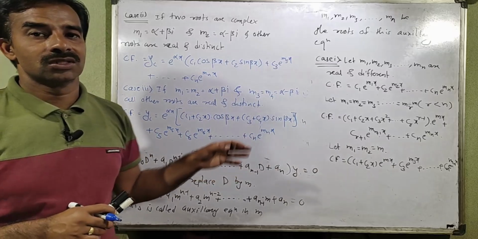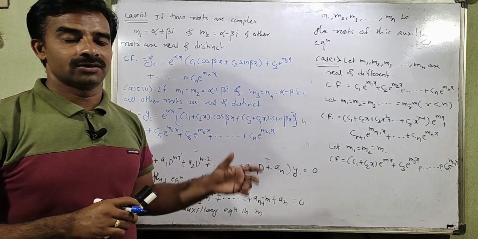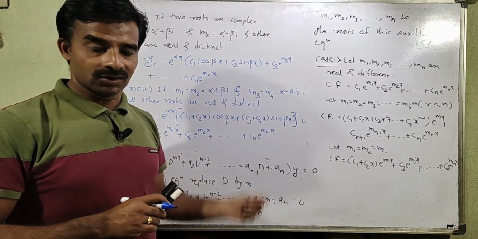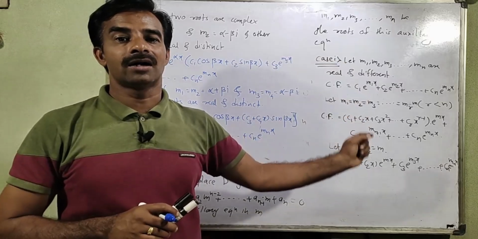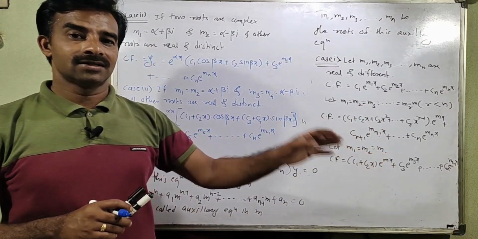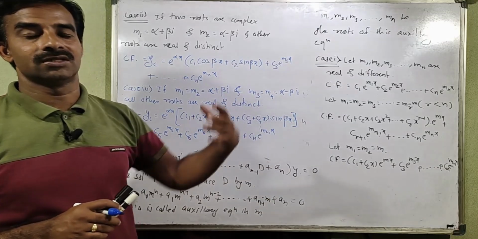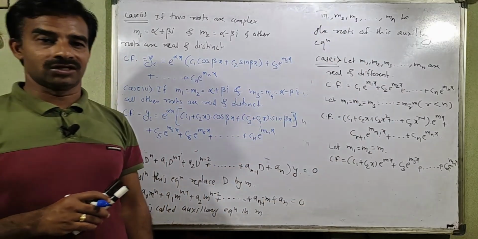When some roots are common or the same, let us consider m1 is equal to m2 is equal to m3 and so on up to mr is equal to m, where r is less than n. That means the count of same roots is less than the order n of the differential equation.